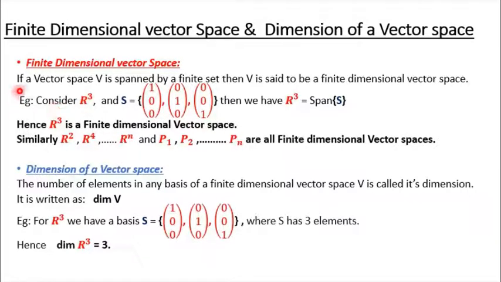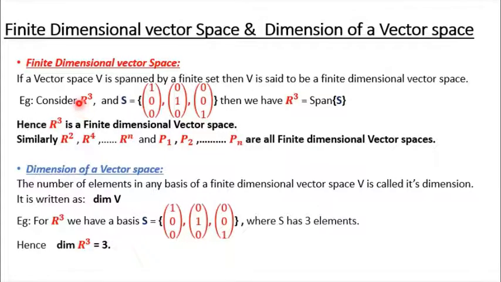Let us read this line again. If a vector space V is spanned by a finite set, then V is said to be a finite dimensional vector space. Now, can you tell what is R3? Is it finite? Does it have a finite number of vectors?